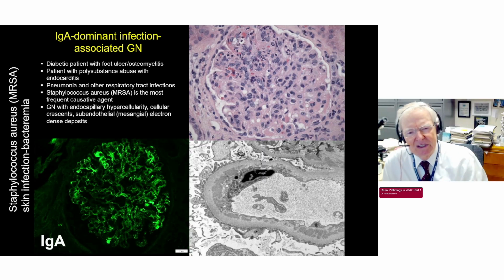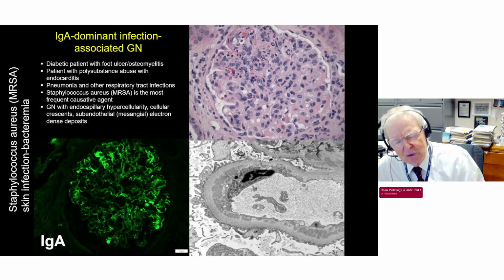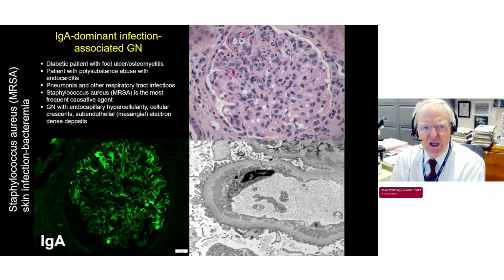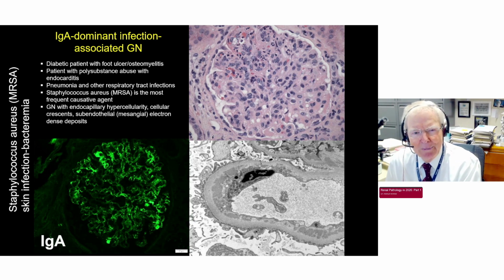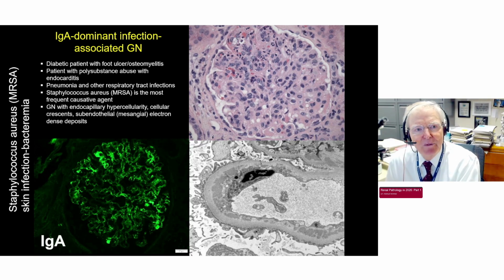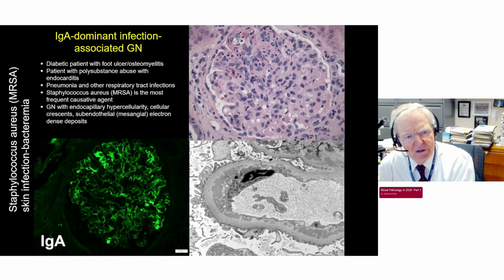Very important these days, we see relatively few cases of post-streptococcal GN. Most often, the infection-associated GNs are in patients with diabetes, with foot ulcers, or with osteomyelitis. And in that case, the dominant immunoglobulin is not the IgG, but the IgA. And therefore, this can be confused with IgA nephropathy.